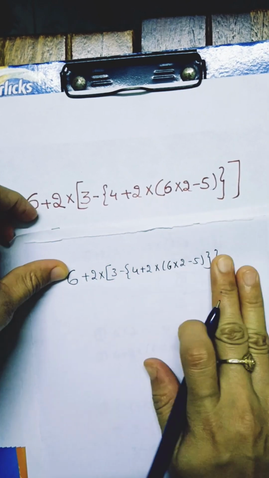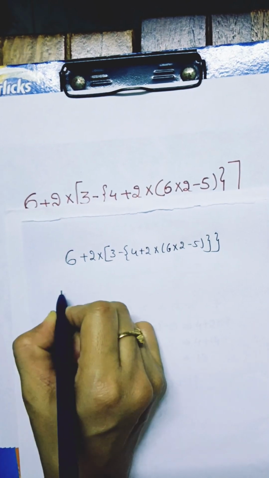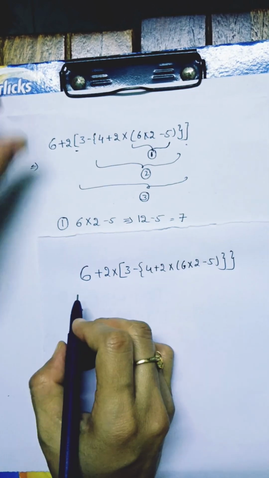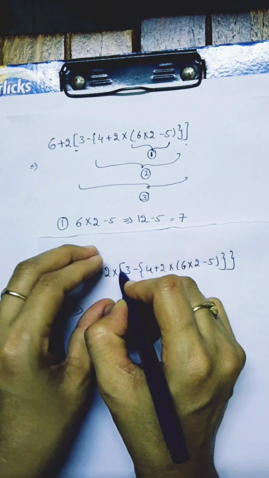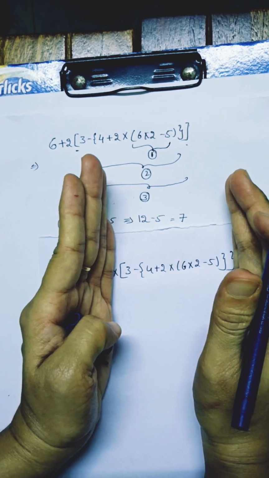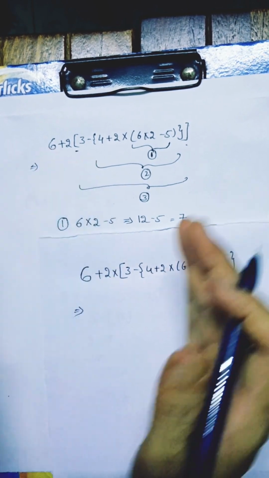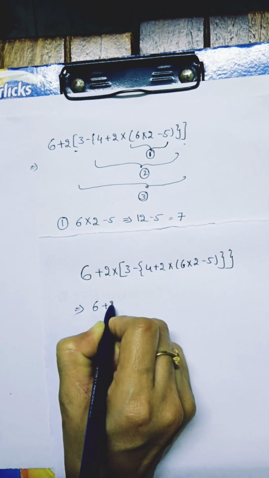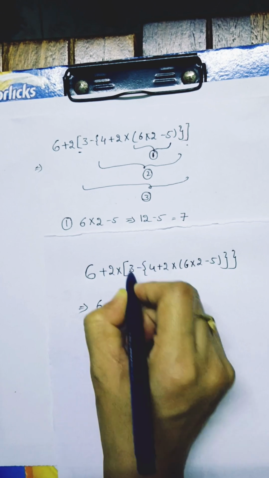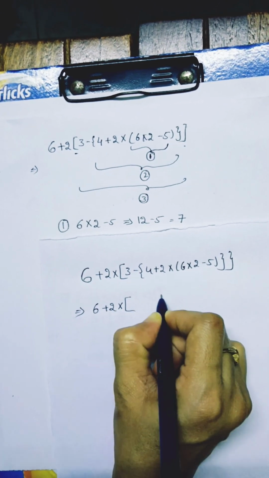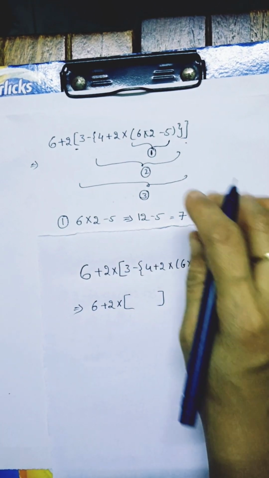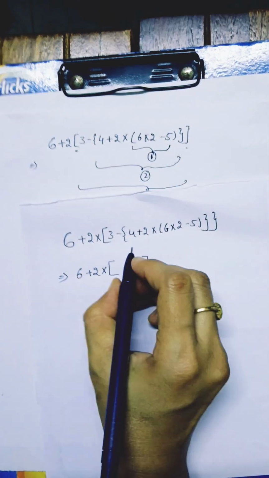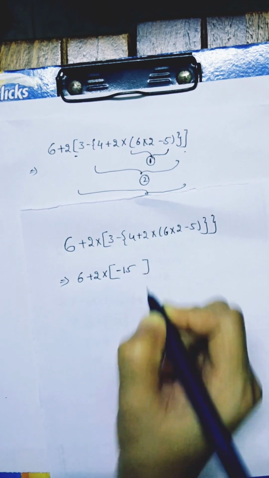Okay, this is our question, right? So I'm just entering the entire part here. First we have done up to here. From here to here we have done the answer. Now we'll just enter the same 6 plus 2 over here, multiplied by the answer of this entire thing. The entire bracket part is minus 15. That's why I am writing minus 15 over here.